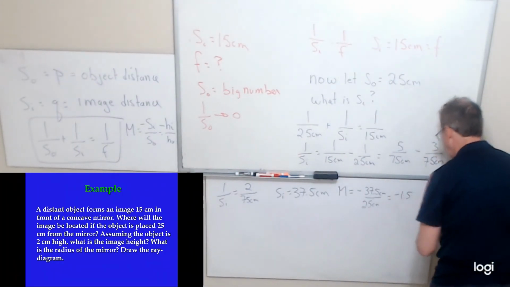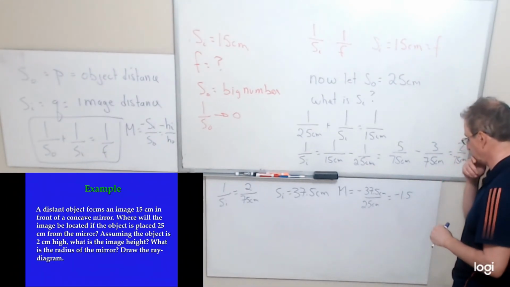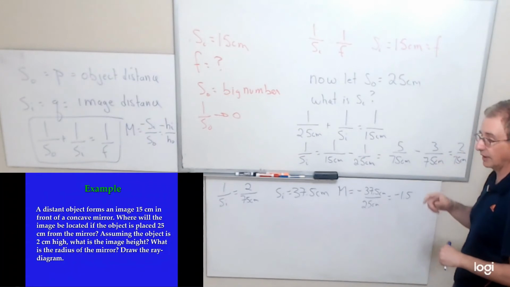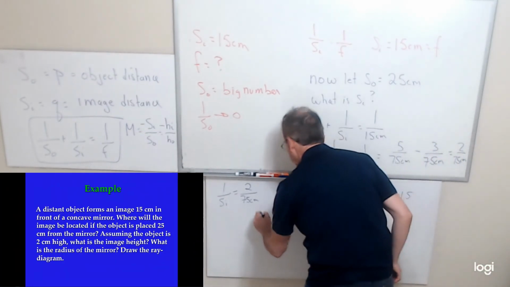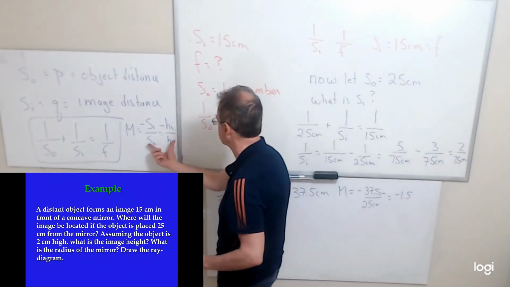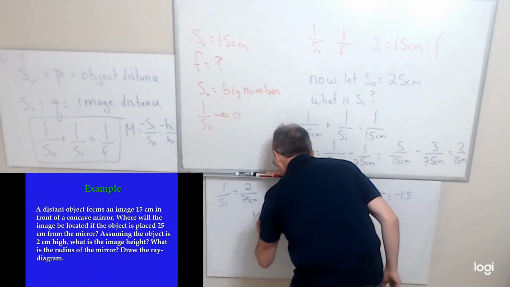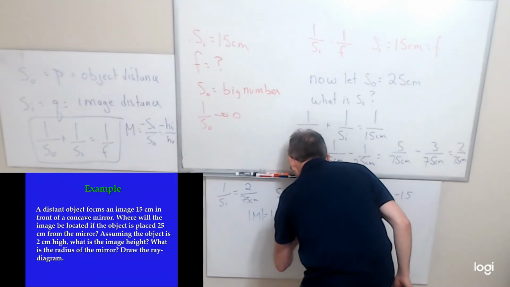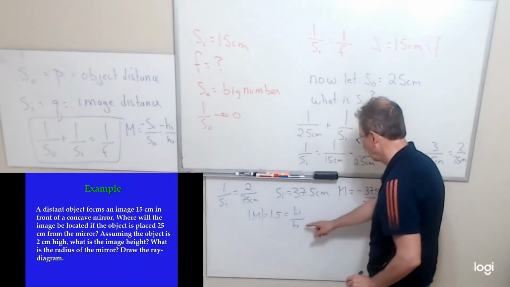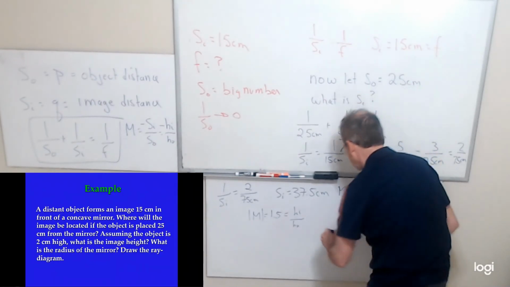Actually, negative 1.5. The minus sign tells you that the image is inverted. And if I want to find the image height, I've got to take the absolute value of this. Or I can just use the equation like this. H naught is 2 centimeters. 2 times 1.5 is 3.